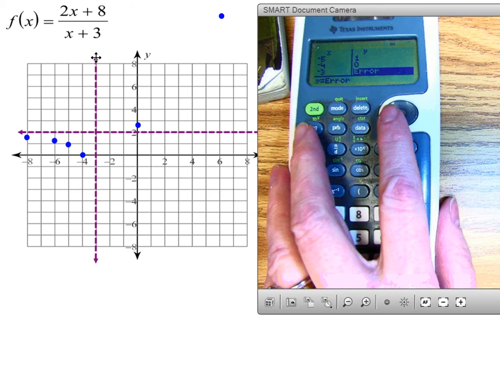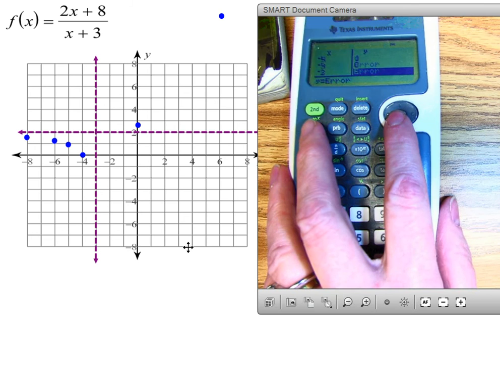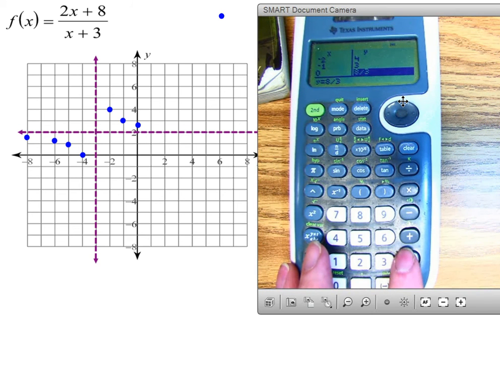That error is represented by this dashed line called a vertical asymptote. At -2, I'm at 4. At -1, I'm at 3. So we have a general idea of what's going on with my graph.